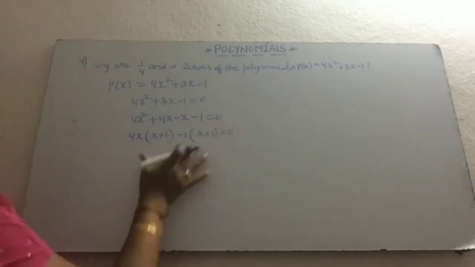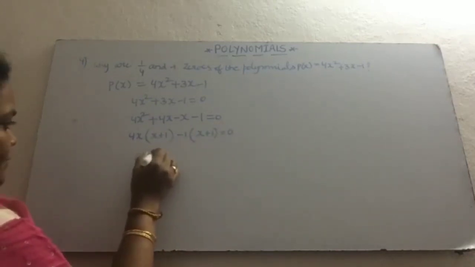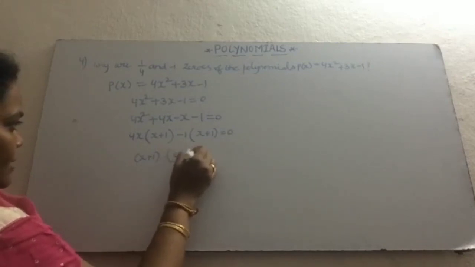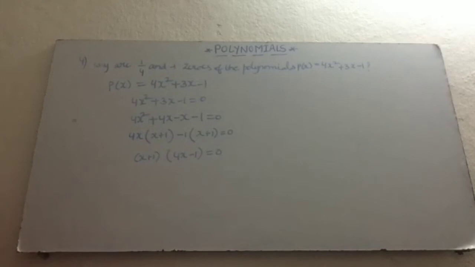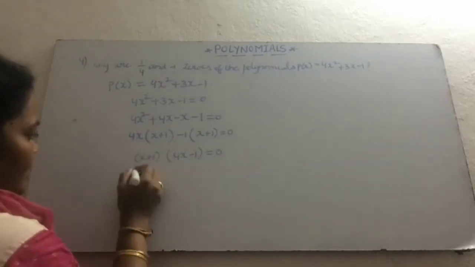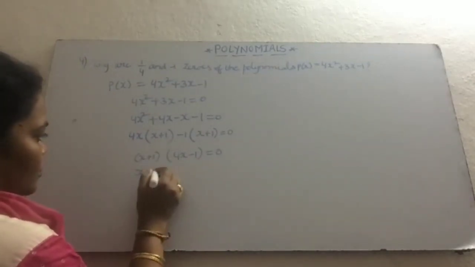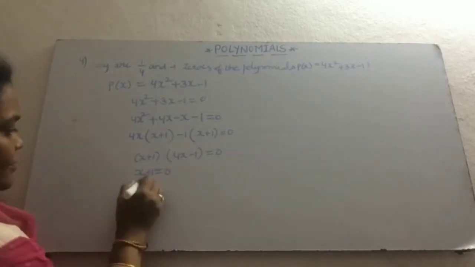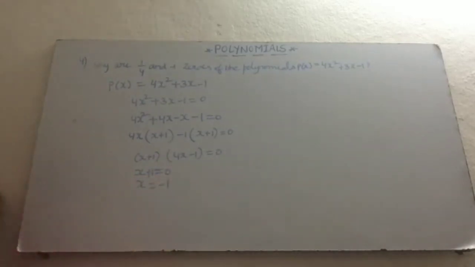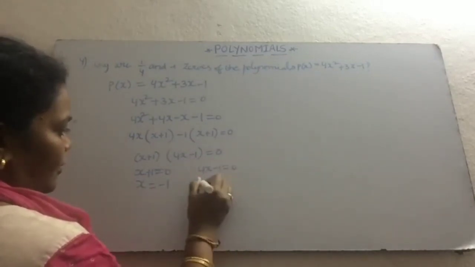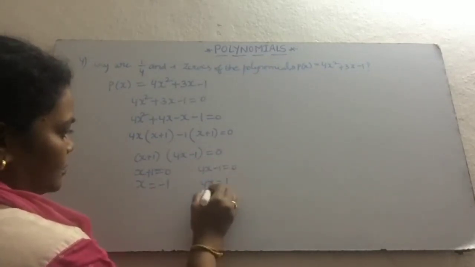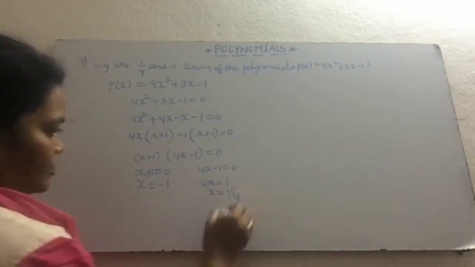Taking x plus 1 common, the remaining is 4x minus 1 equal to 0. So x plus 1 is equal to 0 when x equal to minus 1, and 4x minus 1 equal to 0 when x equal to 1 by 4.